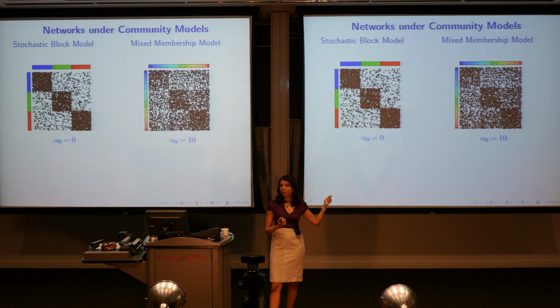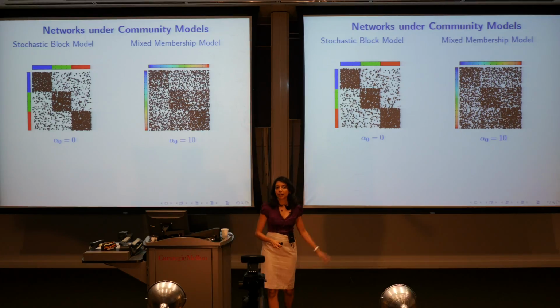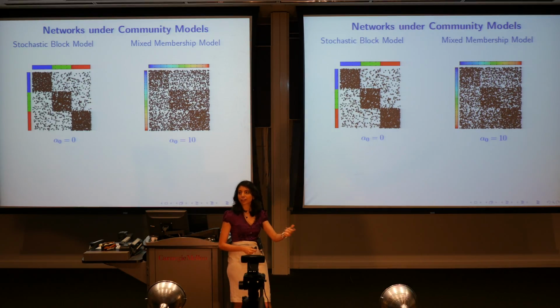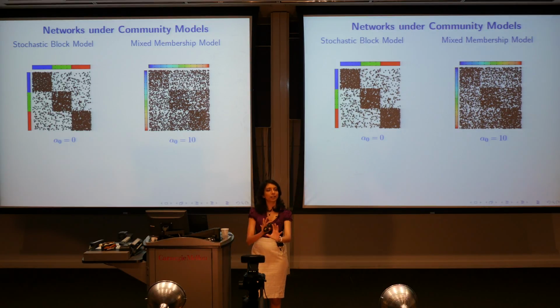Although I won't be talking about the complexity of learning as a function of this concentration parameter, we have the details in the paper of how it depends on it. Indeed, the problem gets harder as I increase this concentration parameter, because the communities overlap more in that setting, and that's why the learning is more challenging.